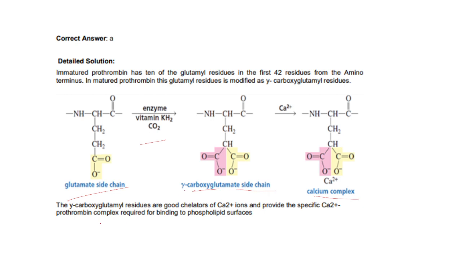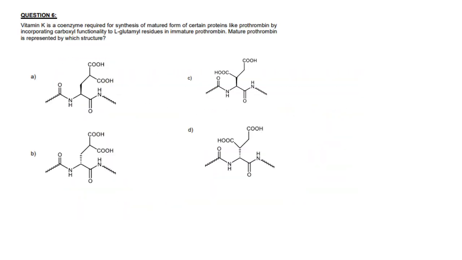The gamma-carboxy glutamate residues are good chelators for calcium 2+ ions and provide the specific calcium prothrombin complex required for binding to the phospholipid surface. So option A is correct.